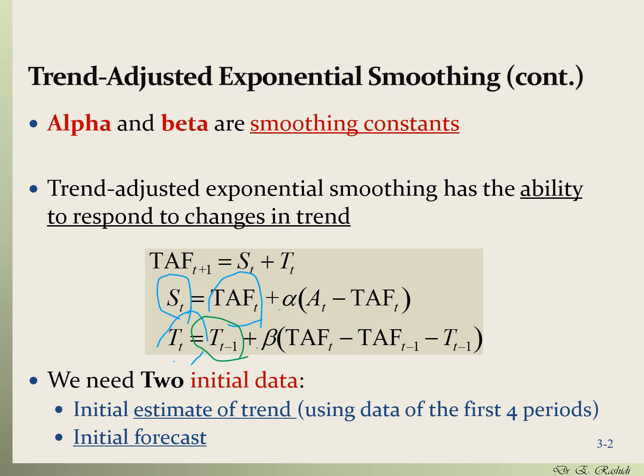So how far can you go back? I mean, you need to have a starting point. That's why for the trend adjusted exponential smoothing, you need to have two initial data points. First is the initial estimation of trend using the data of the first 4 periods, for example, and also the initial forecast. For that, you can, for example, use the naive method to make an initial forecast.